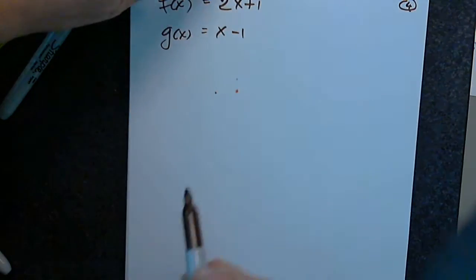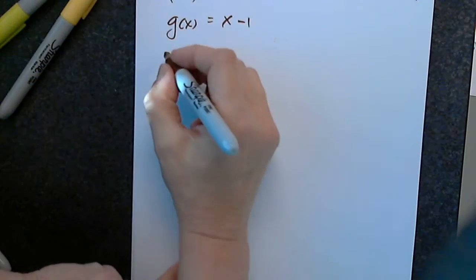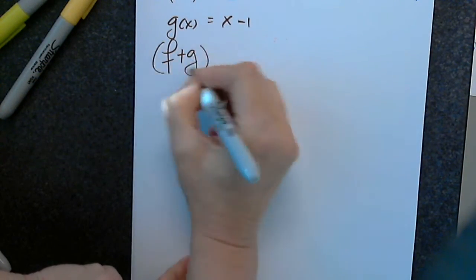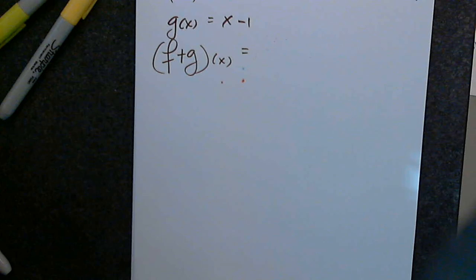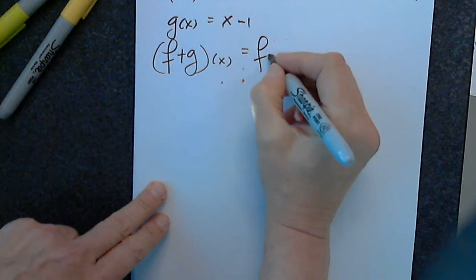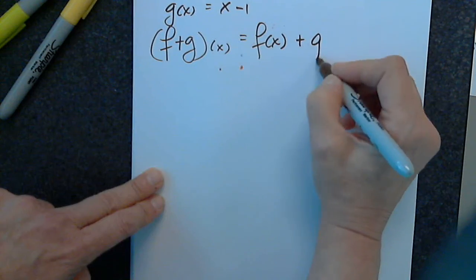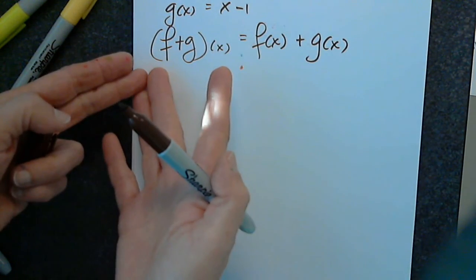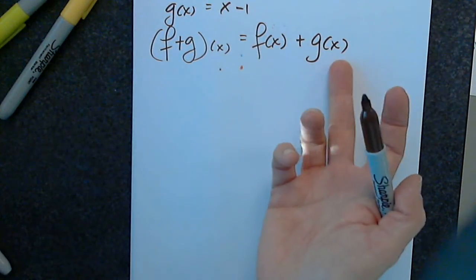So let's suppose we want to create a function by adding these two. The function notation will be f plus g of x, which is self-explanatory. If I give you two functions, you're not going to ask me how, because it's very clear. So f plus g of x must equal f of x plus g of x.